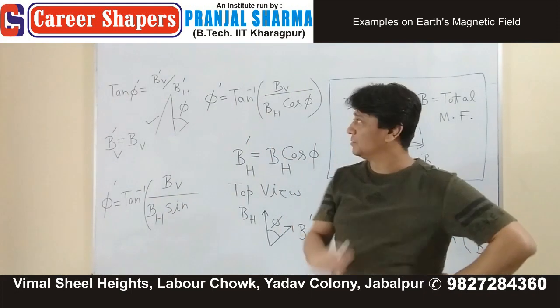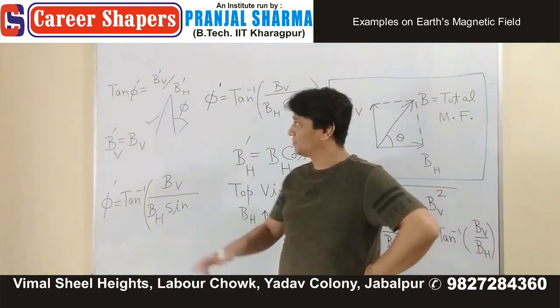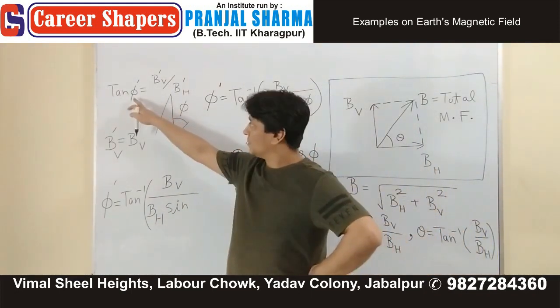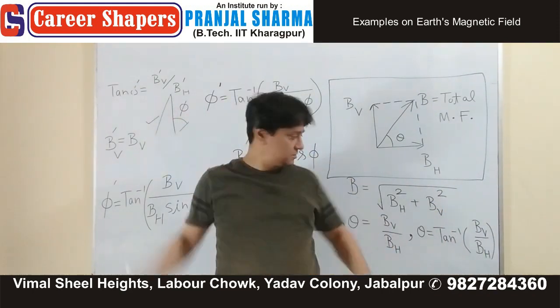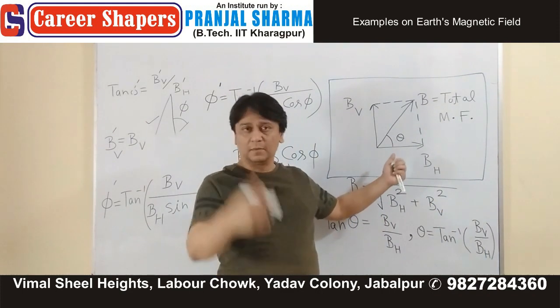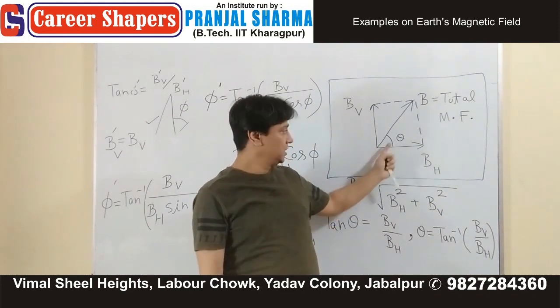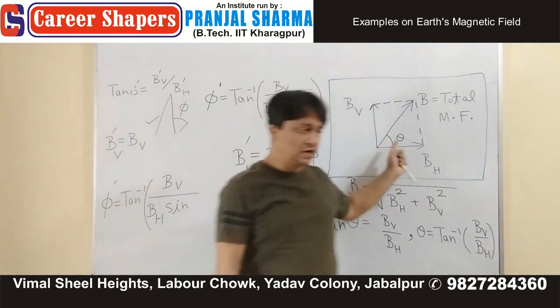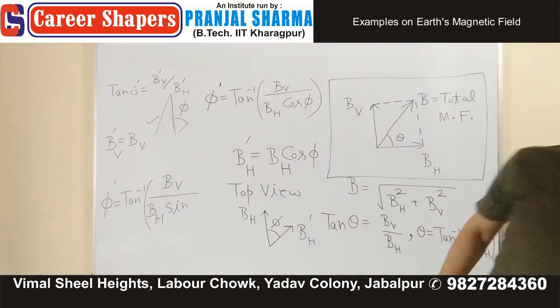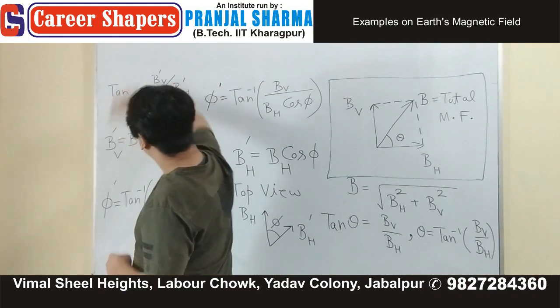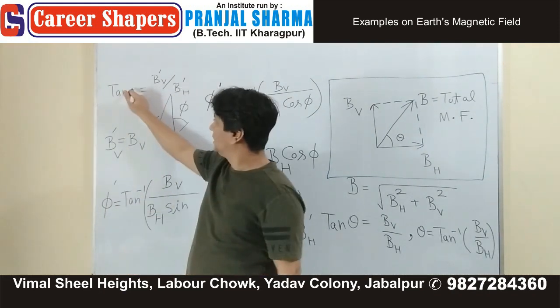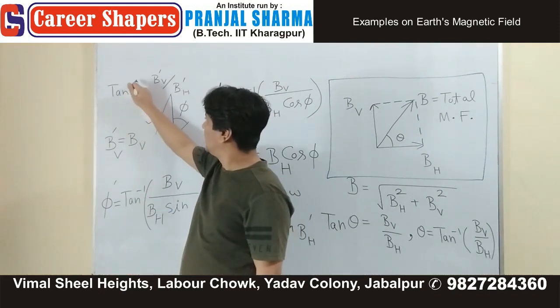Just a small presentation problem. This was not called phi dash, this is theta dash. I think initially I gave you theta only. So your angle of inclination is theta, and the angle of inclination in a new plane, let's use proper representation, is theta dash.